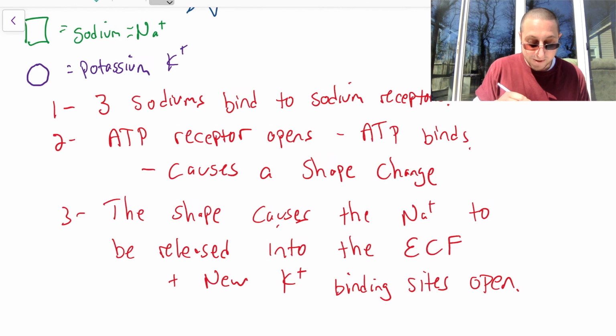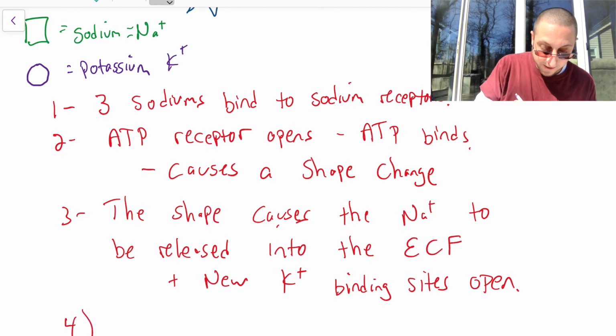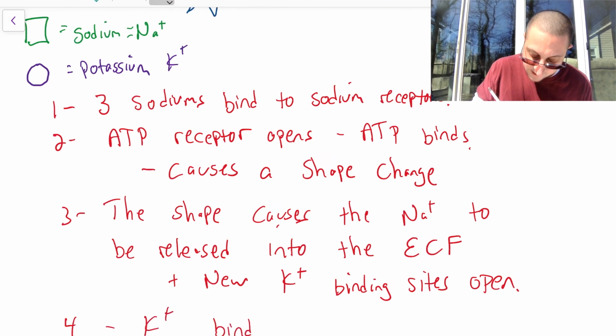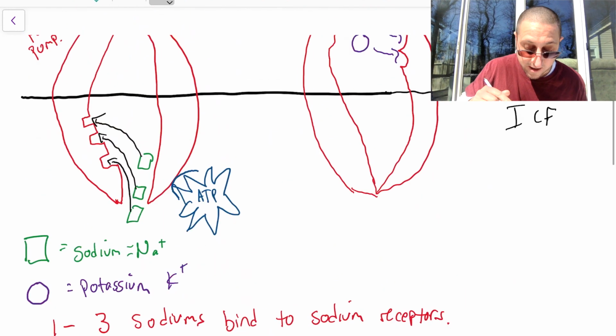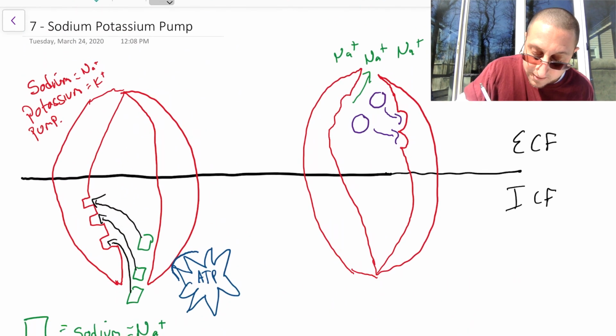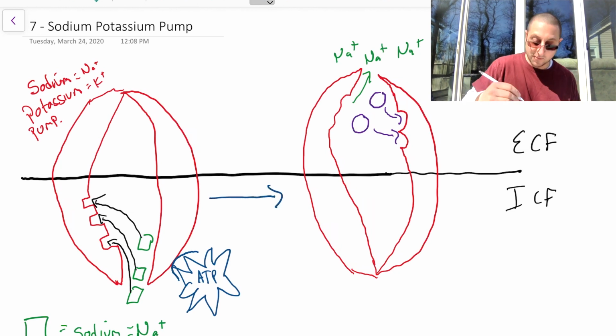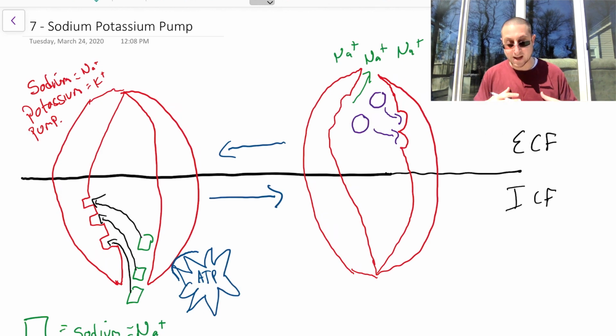Alright, so what happens when those potassium binding sites open? The potassium is going to bind. Potassium binds and causes what to happen? A shape change. It changes back to the original conformation. So we started here, and we're going in that direction, and then we're going to go back the other way after we have those potassiums bind, and it will open up.